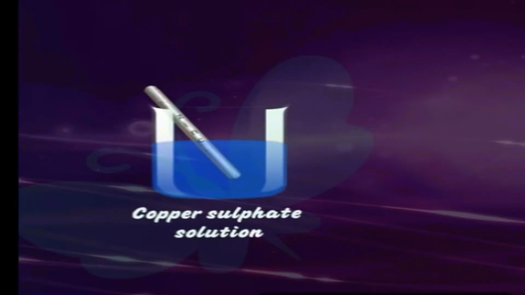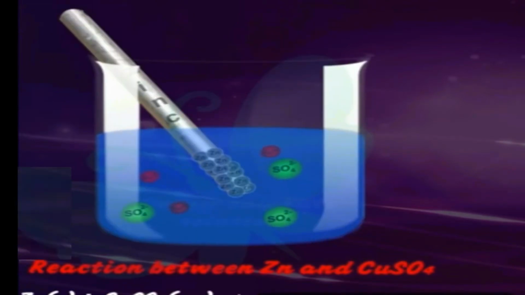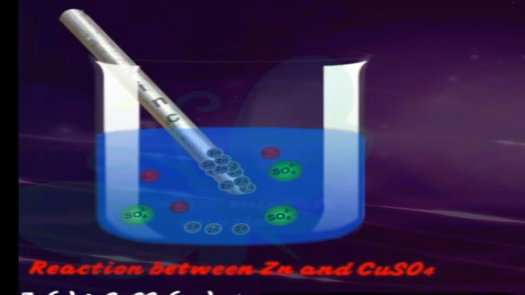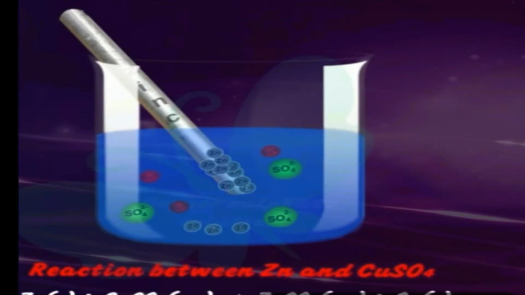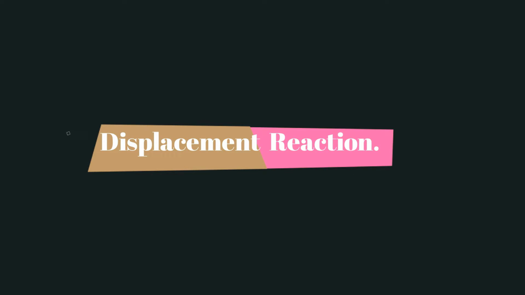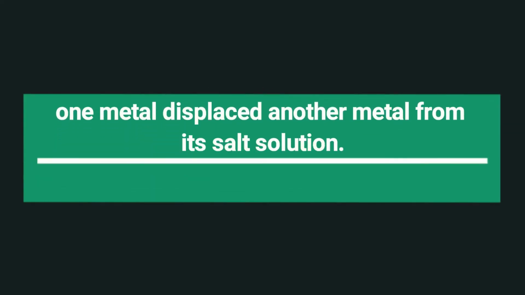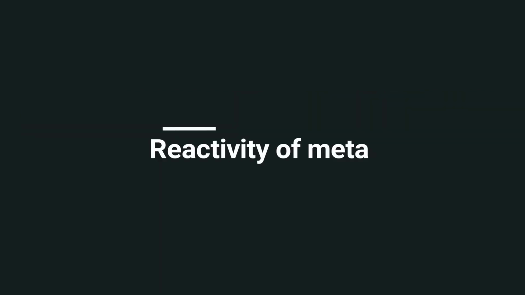This implies that a reaction has occurred between the zinc rod and the copper sulfate solution, where atoms of the zinc rod broke away and came into the solution, and in this process they displaced copper ions from the solution, which were deposited on the zinc rod. Such reactions are called displacement reactions because one metal displaced another metal from its salt solution.